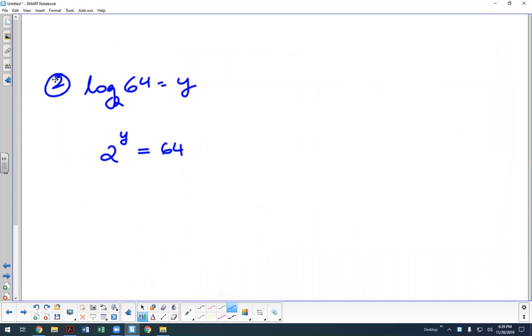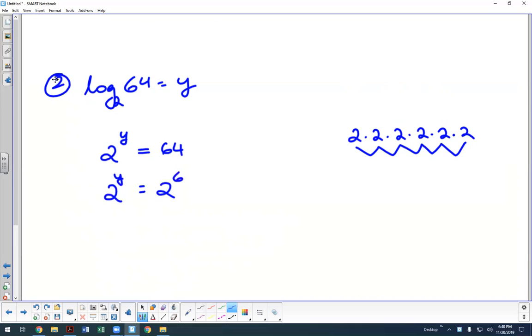Two raised to what power will give us 64? 6? Okay. 1, 2, 3, 4, 5, 6, right? So 2 times 2 is 4, 4 times 2 is 8, 8 times 2 is 16, 16 times 2 is 32, 32 times 2 is 64.